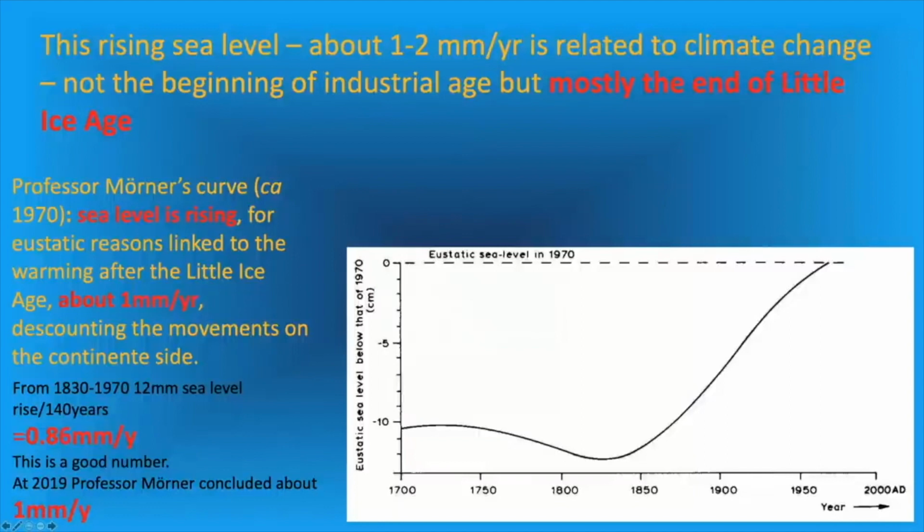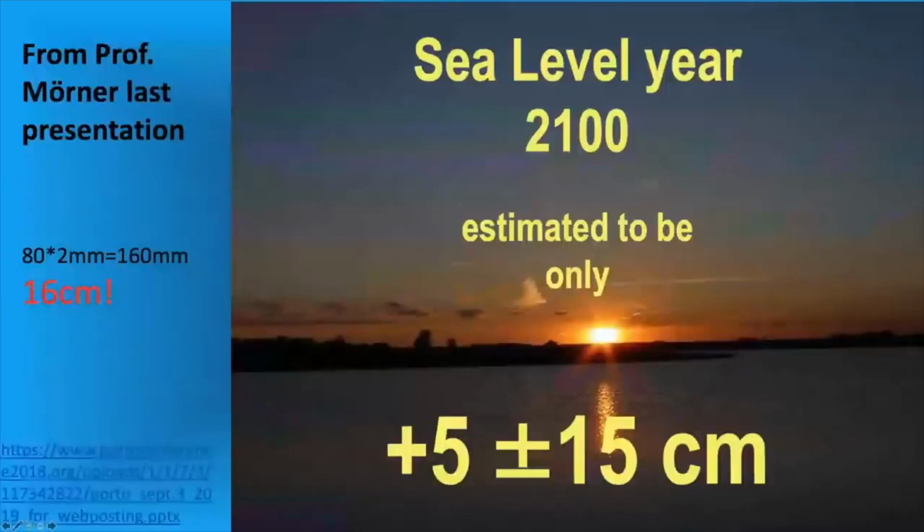So making the accounts, of course, from this point to this, it should give about 0.86, so less than 1 millimeter per year, and it is not a bad number at all.